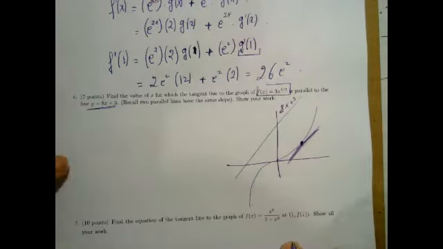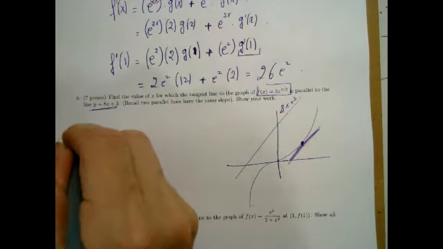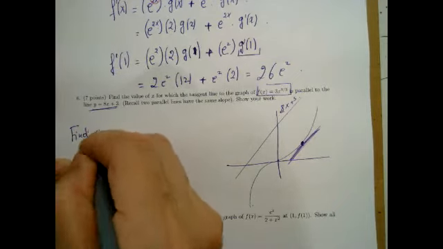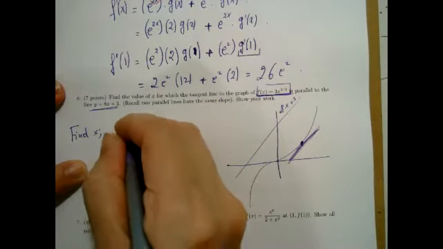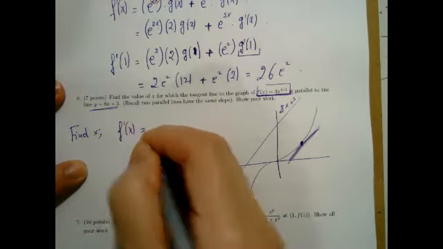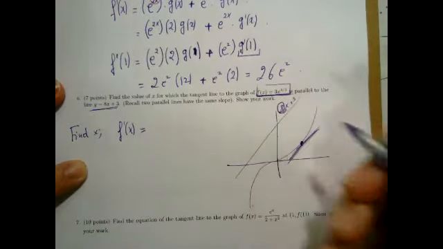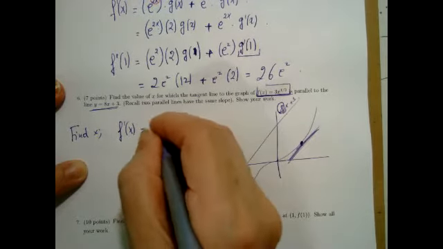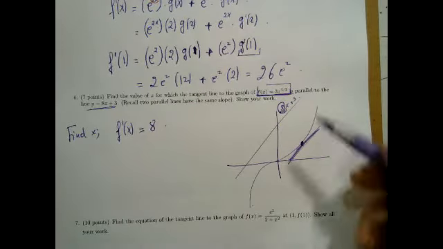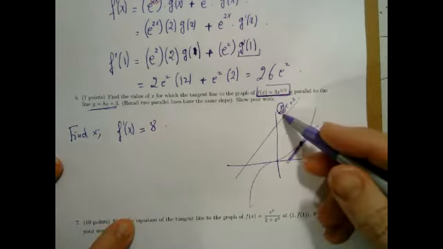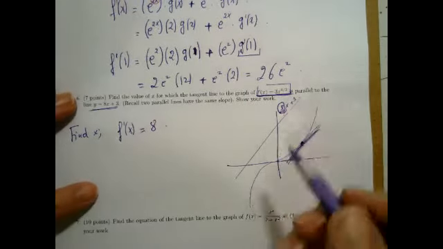So really the problem is we have to find the value of x such that the slope of this tangent line, it means the derivative of f at x, is equal to the slope of the line 8x plus 3, which is equal to 8. So really the problem is boiling down to finding for which value of x the derivative is equal to 8. Now we evaluate the derivative.